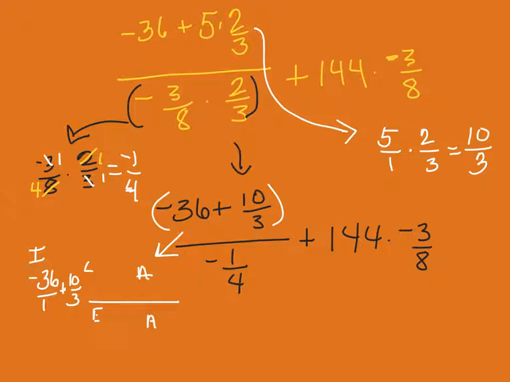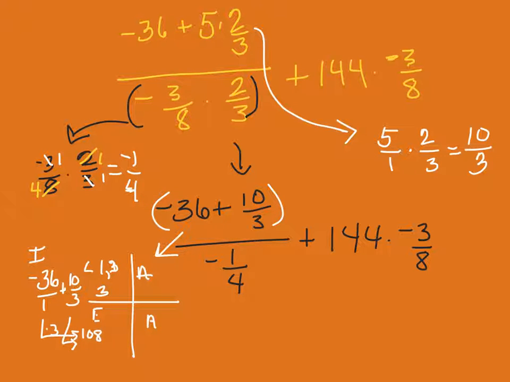So the least common multiple of 1 and 3 is 3. I know that 10 thirds stays 10 thirds. Negative 36 times 3. Well, 30 times 3 is 90. 6 times 3 is 18, so that would be 108.